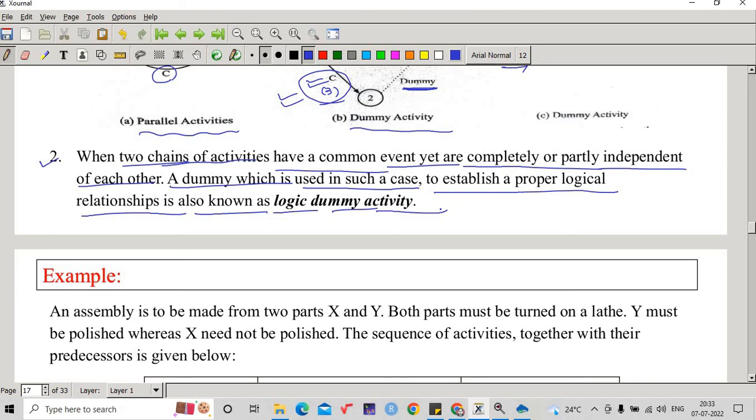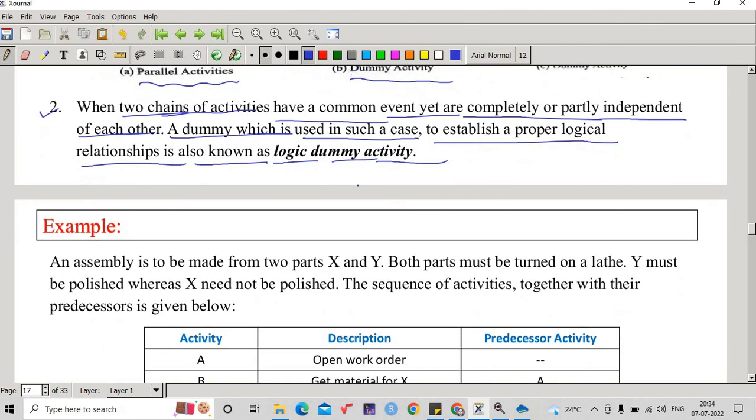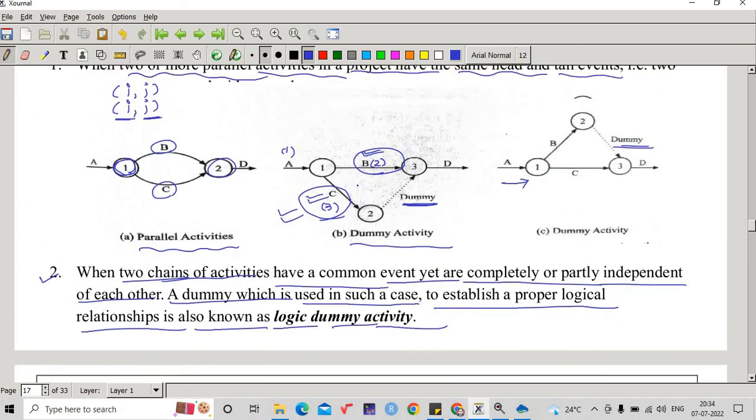So whenever required, you can include a dummy activity, but unnecessarily dummy activities should not be included in the project management. So we have to take care of that particular part.